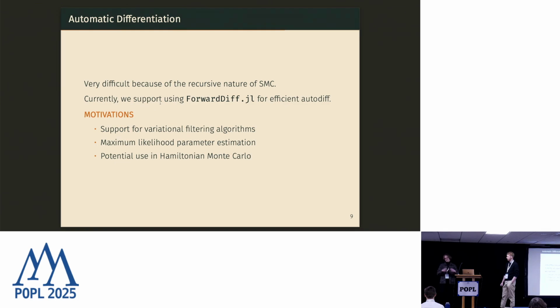That's unfortunately everywhere in fields like macroeconomics and whatnot, stuff that I'm used to. But also, it adds a composability within Turing models. If we support some kind of automatic differentiation, we could then compose a filter within a Hamiltonian Monte Carlo. Furthermore, we could design our own filters like variational sequential Monte Carlo or other algorithms akin to that.